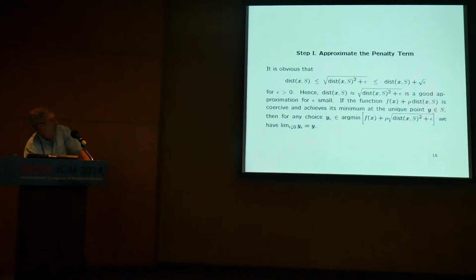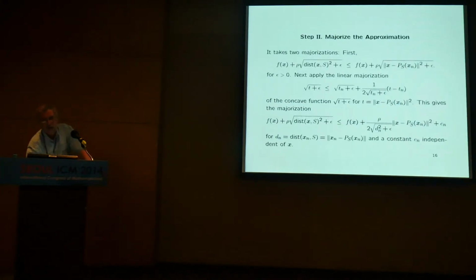Now if Clark's function is coercive and achieves a unique minimum, then you can argue that the solutions to these approximate problems converge to the solution of Clark's original problem as epsilon goes to 0. So if we take a very small epsilon, or a sequence of epsilons tending to 0, we may recover the solution to Clark's problem, which is this constrained optimization problem.